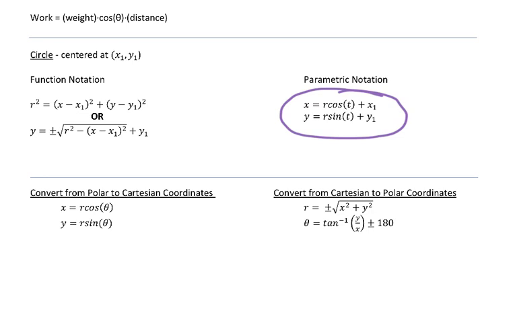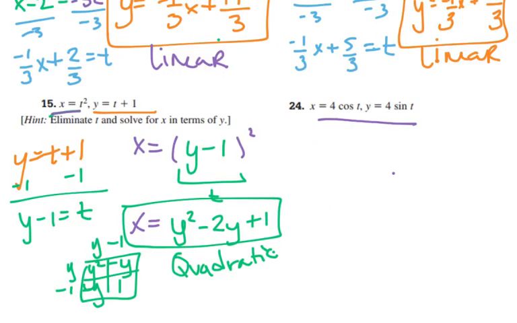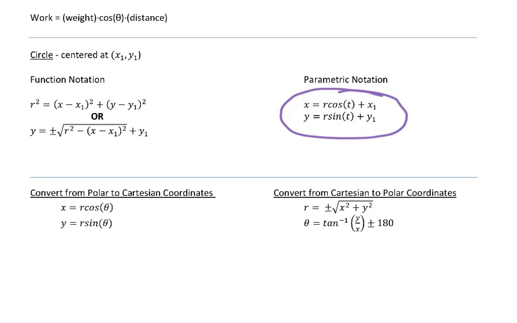Alright, so in this case, in x, I'm looking for r cosine t plus x1. So my r in this one is 4, and then my x1 is apparently 0 because there's nothing there. And then for the other equation, again, my r is probably 4, and then my y1 is probably 0. So let's just double check that that's what we're looking at here, yeah.